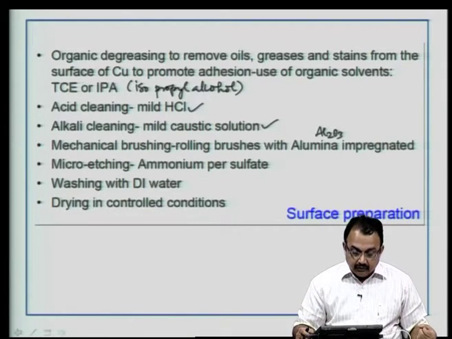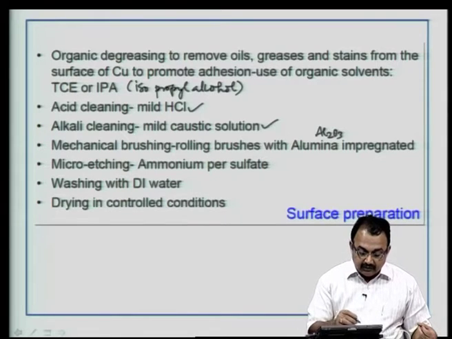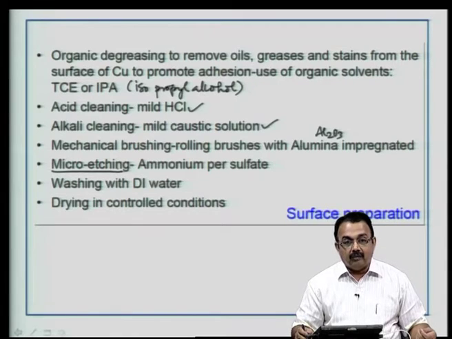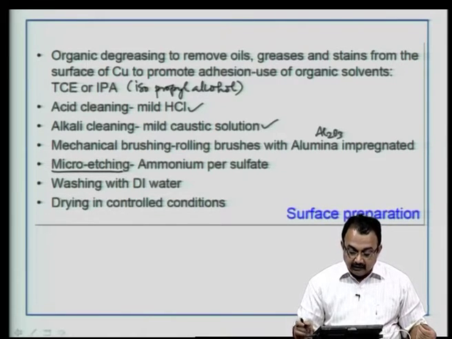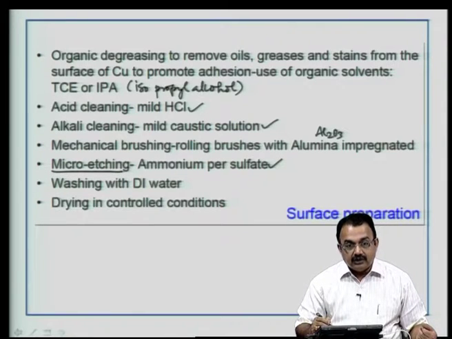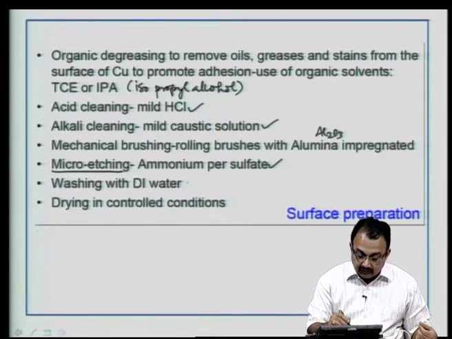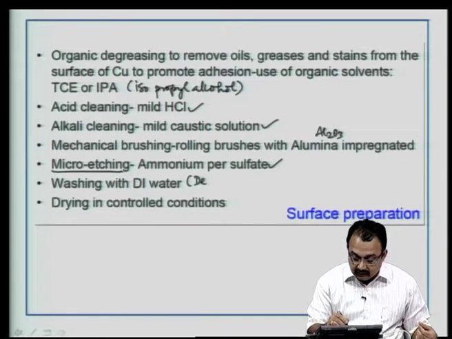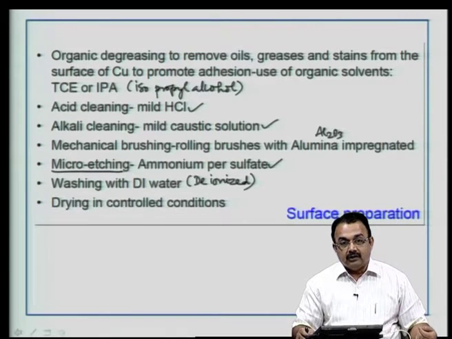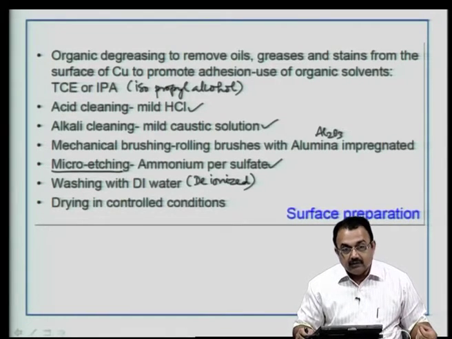Another option is to use micro etchant. Micro etchant basically means removing very small thicknesses of copper from the surface, and typically we use ammonium persulfate. Washing then with deionized water. DI water is known as deionized water. There are no ions except hydrogen and oxygen in this water.